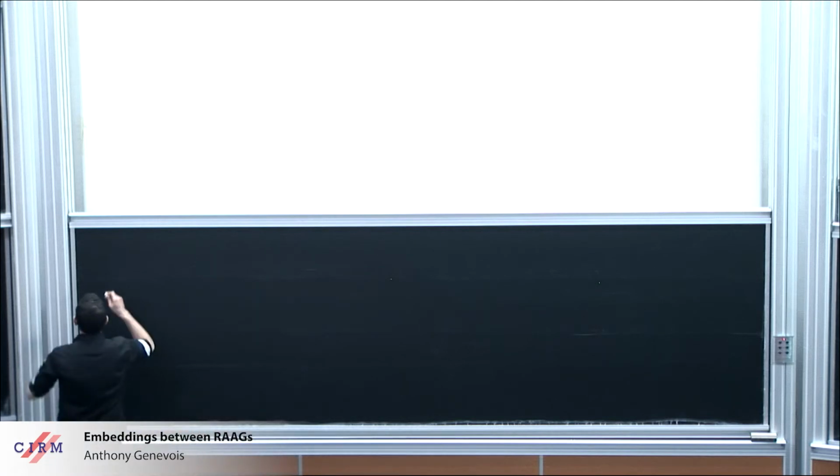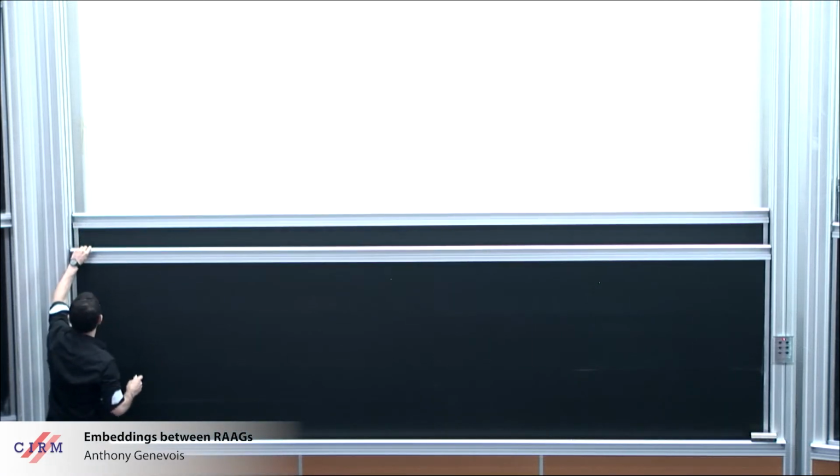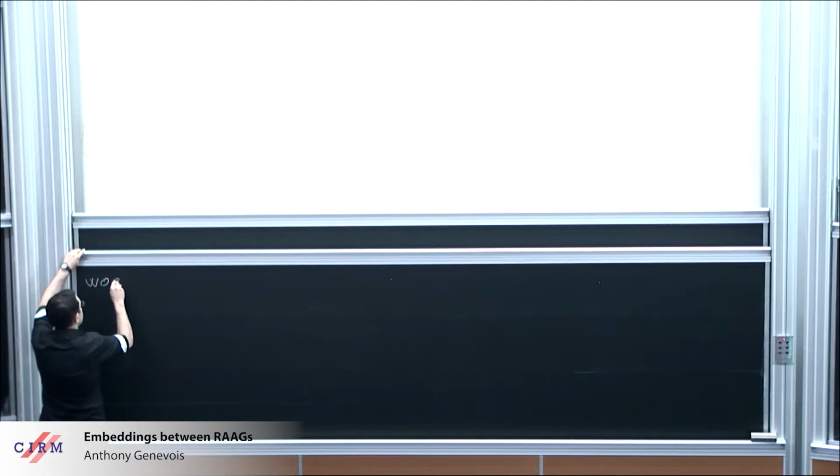Okay, so one of the first problems we can ask about right-angled Artin groups is the word problem.